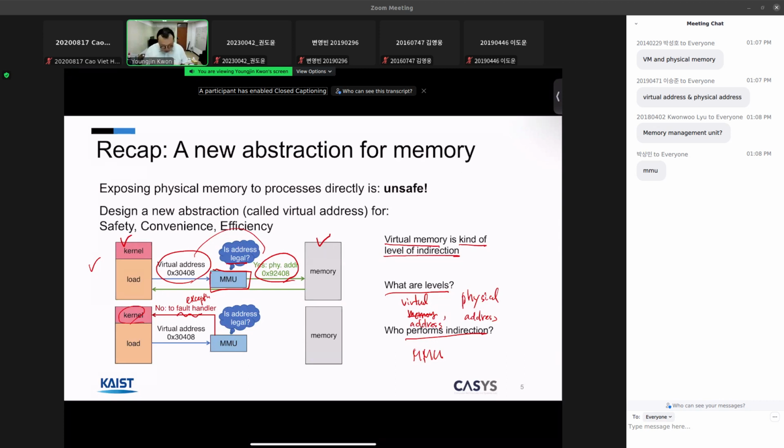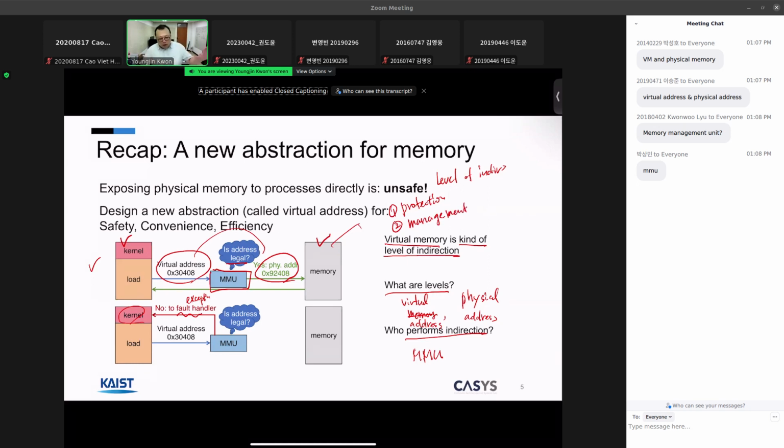For example, protection, which I gave an example of, and later we will talk about management.